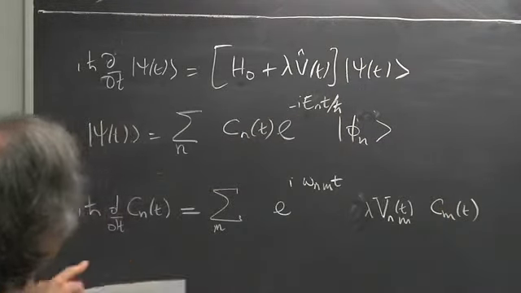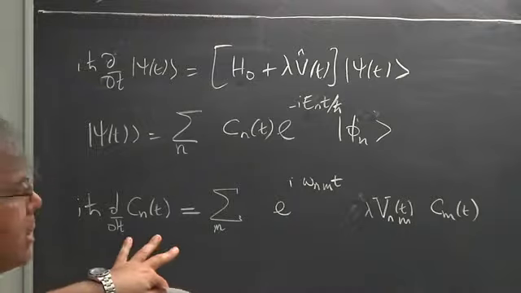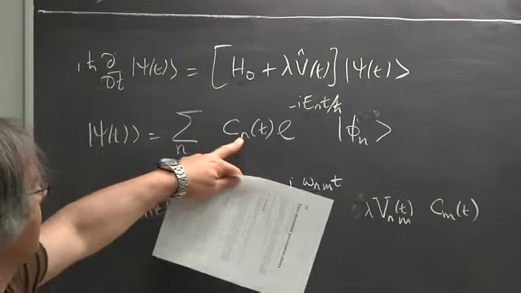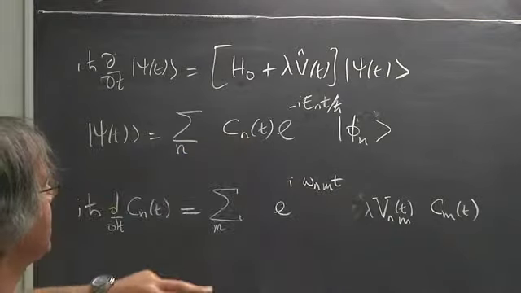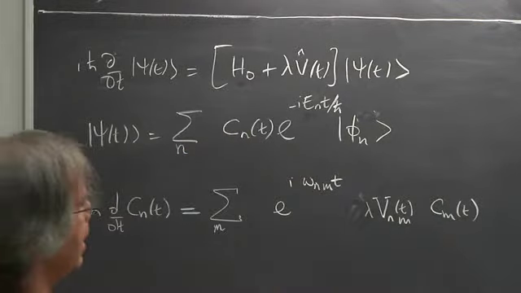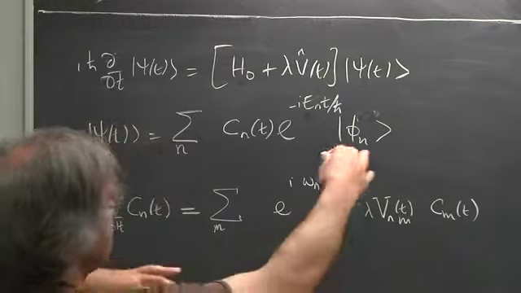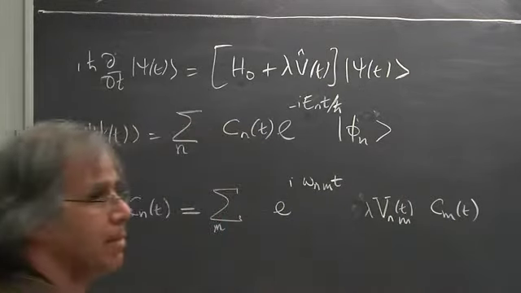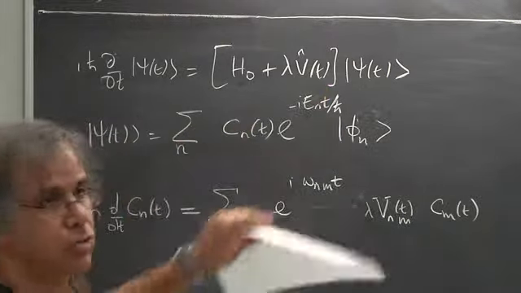Okay, so this becomes a first order problem for the infinite set of functions Cn of t. These are functions just of time. And you see that it looks like a big matrix multiplying the vector, but the matrix contains the matrix element of the perturbation. Okay?